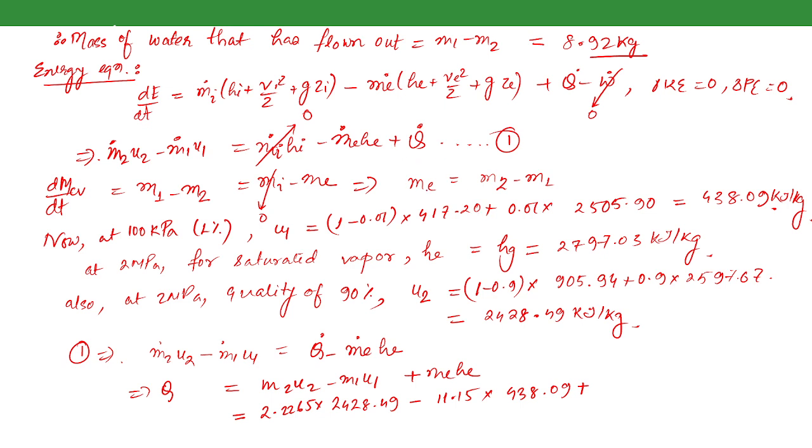Me is the mass that is exiting actually. So if it is M2 minus M1, that is final minus initial, it is the change, so Me will be equal to M1 minus M2.